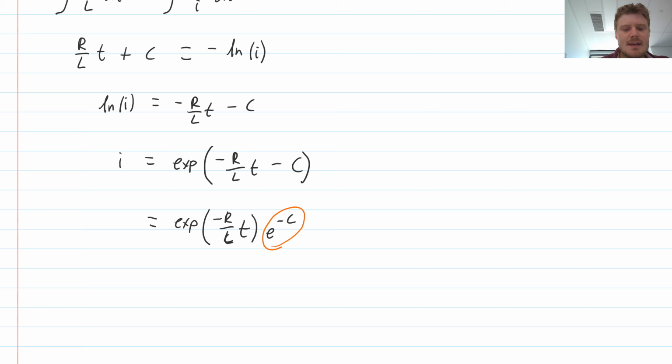And this thing here was an arbitrary constant of integration, right? I don't actually care very much what the value of c is. So I could replace this with some other coefficient.